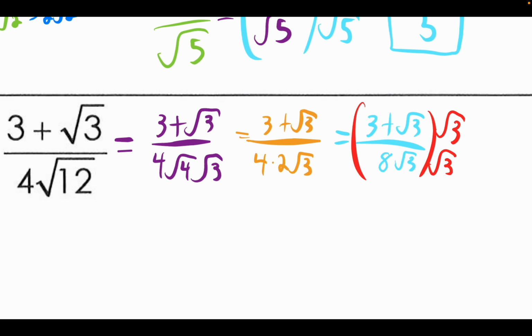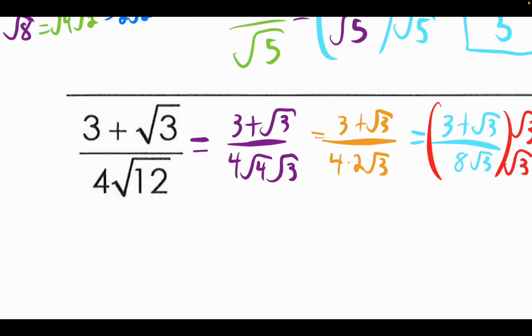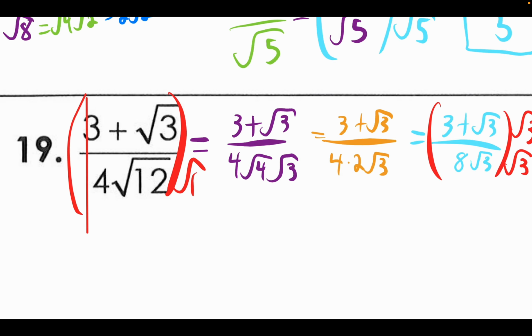That's going to save me having to simplify the square root of 12 multiple times, because I just simplified it once right away. Because otherwise I'd be multiplying this whole thing originally by the square root of 12, and I have to then simplify each of those square root of 12s that I multiply in.